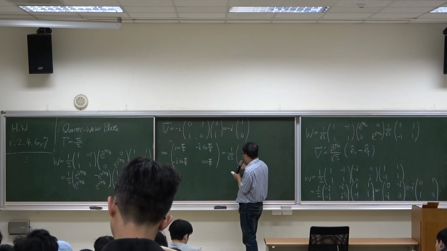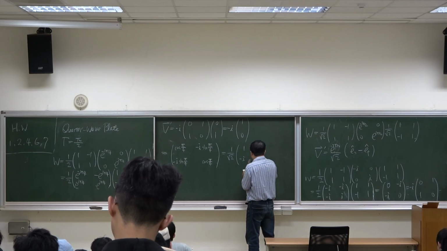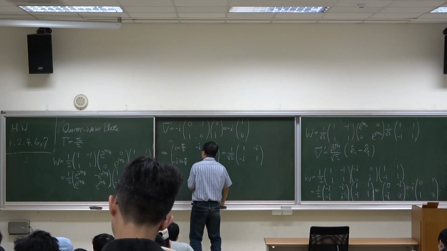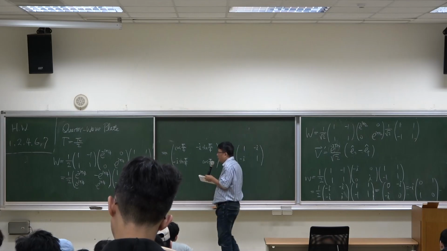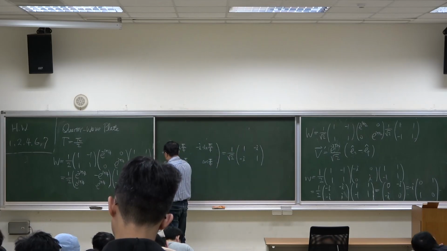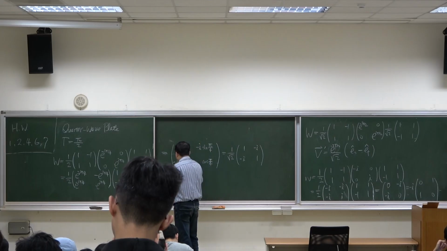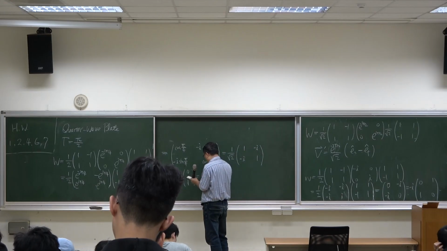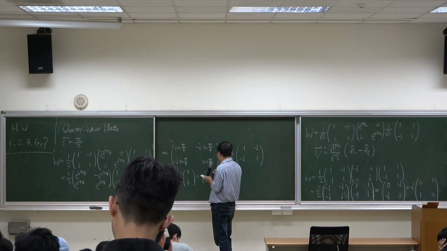so we get this result, which is equal to 1 over square root 2, 1 minus i, 1. So when you multiply this W to the original Y polarization state, you get this.